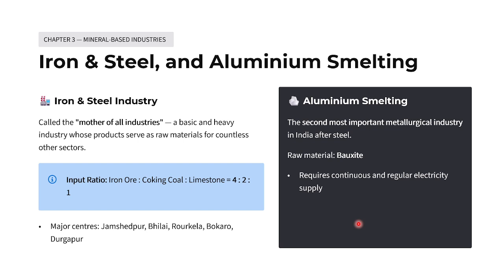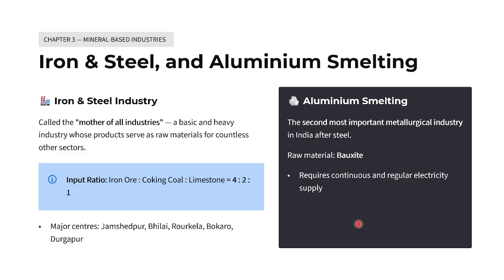Any other product, any other factory, any other industry basically requires it, whether it is transport, the service sector, or the primary sector, everything needs iron and steel. That is the reason it's called the mother of all industry. So in the iron and steel industry, what is the input ratio in production? Iron ore, coking coal, and limestone.